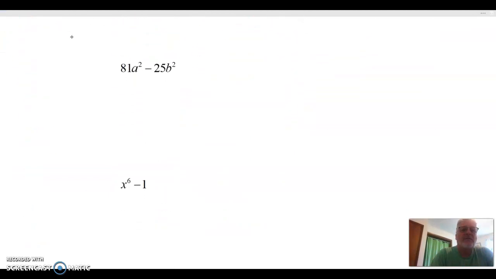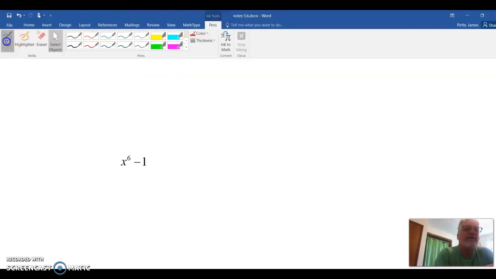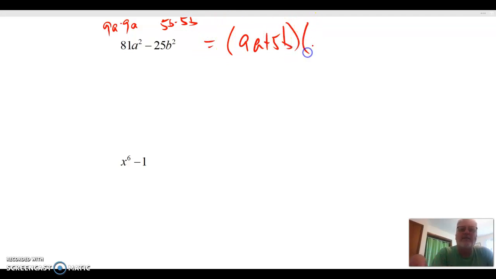Here's a couple more. Okay, we have a difference of two perfect squares. This one is 9a times 9a, and this one is 5b times 5b. So this is going to be 9a plus 5b times 9a minus 5b.